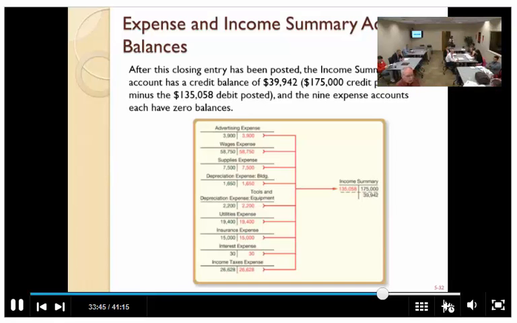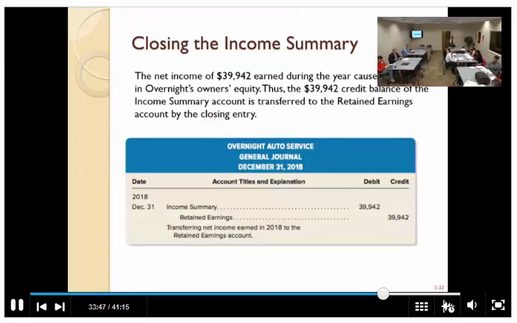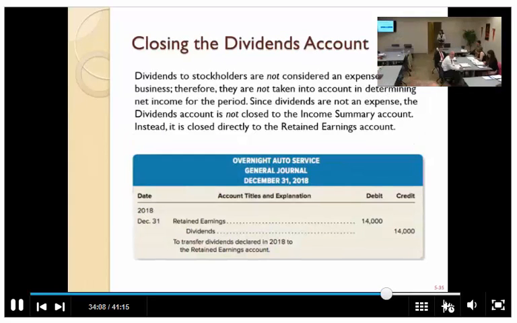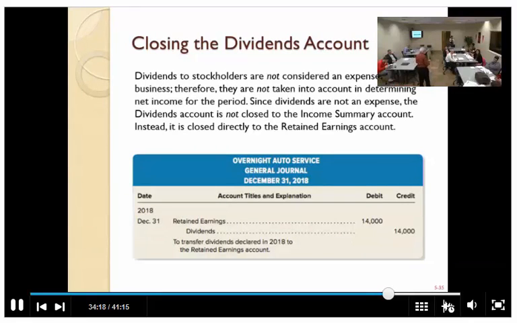Then you close the income summary account by debiting the income summary and crediting retained earnings. Now my retained earnings has been increased for the current year's income. With dividends, you debit retained earnings and credit the dividends, and now the balance in my retained earnings account on my books will equal the retained earnings that I calculated on the statement of retained earnings.